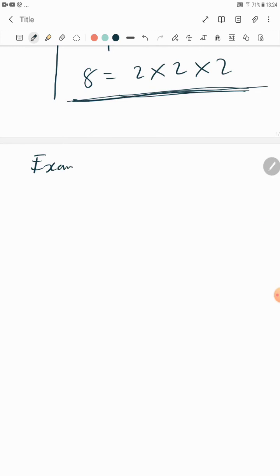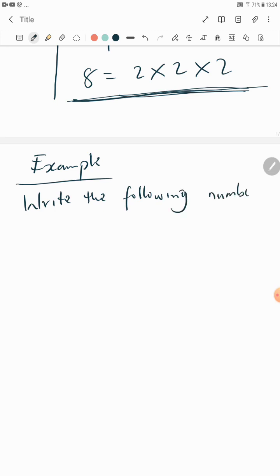Write the following numbers as a product of their prime factors.